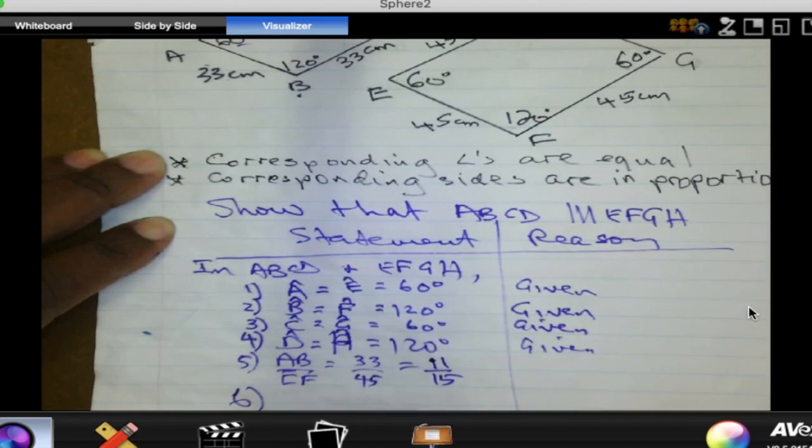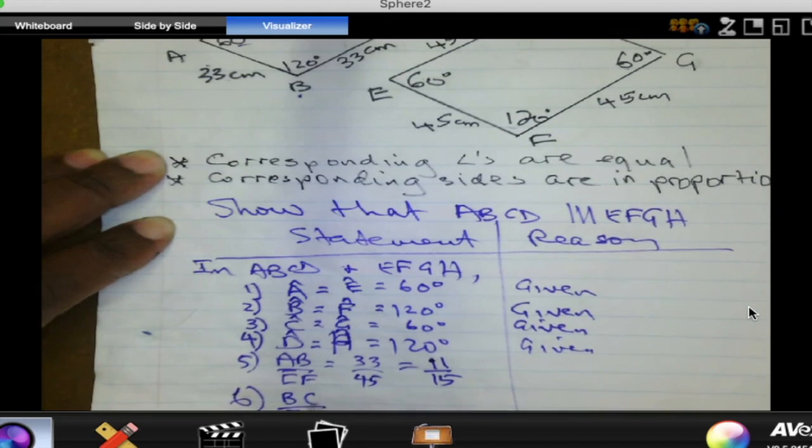So then let's move on to BC. In this case, there's no need for a reason. We know that AB over EF will give us 11 over 15. And BC, shouldn't we say given or something? No, you could say given if you say AB is equal to 33, given. They did not give us here that the ratio is 11 over 15. We are calculating it using what is given, right? So don't worry for this part. We really don't have to say that.